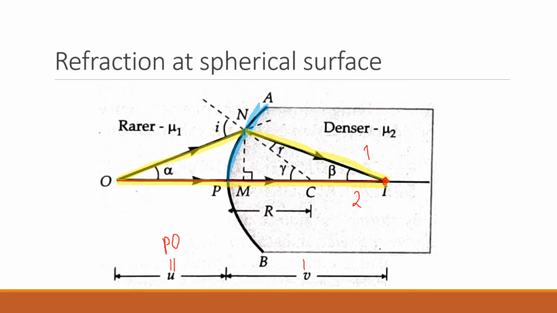So small v equals PI, and R, the radius of curvature, will be the distance between the pole and the center of curvature. So this is PC. Fine. If you have any confusion with this figure, you can ask me again. I will re-explain it to you.